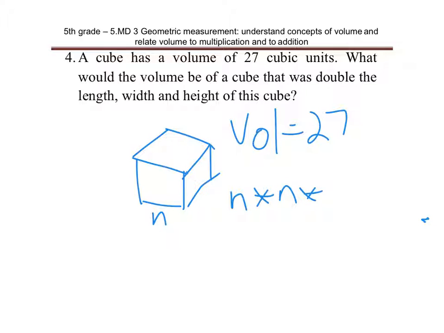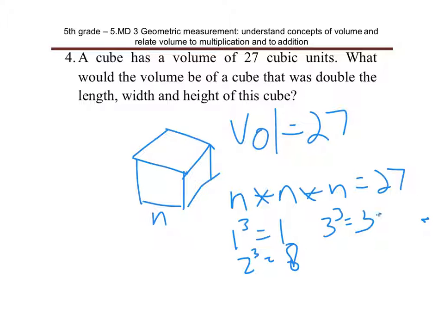If you don't know, you just say, well, 1 cubed, 1 times 1 equals 1, 2 cubed equals 8, and 3 cubed, 3 times 3 times 3, 3 times 3 is 9, times 3 equals 27. So we say, okay, this is 3 on a side, n equals 3.